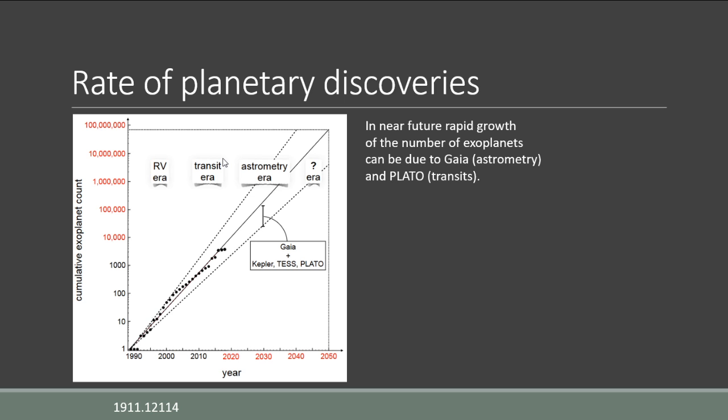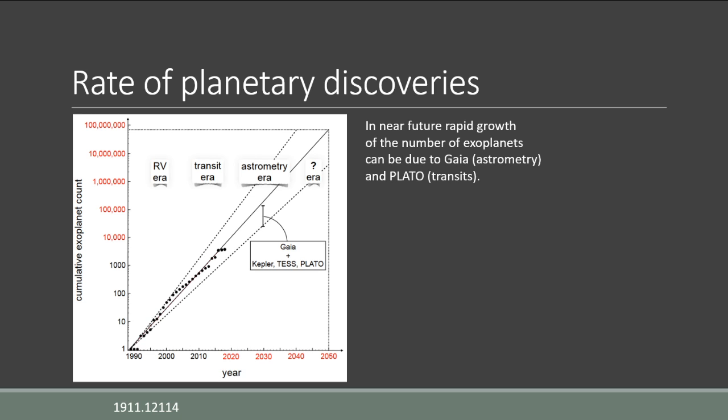And now we are expecting many results, thousands or maybe even 10, 20,000 planets discovered by the Gaia satellite due to astrometric measurements. That will be very interesting. It will be a huge contribution to our knowledge of general properties of exoplanets.